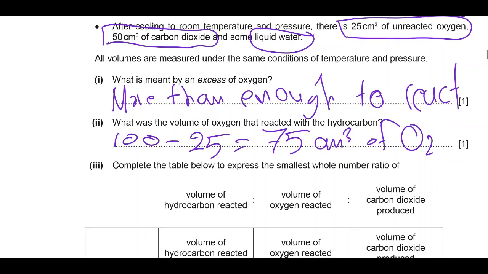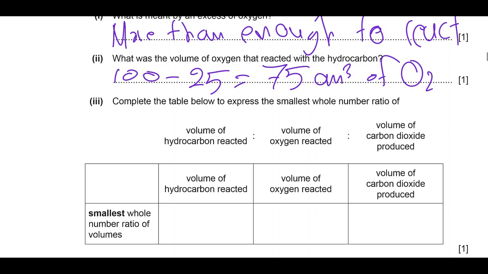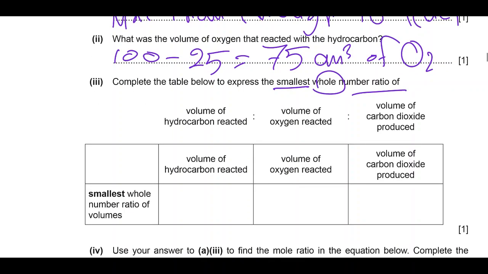So only 75 cubic centimeters of oxygen has reacted. Then you have a table to complete, to express the smallest whole number ratio of these volumes. Whole number means we don't need fractions. The volume of hydrocarbon reacted is 10 cubic centimeters, the volume of oxygen reacted is 75, and the volume of carbon dioxide is 50.